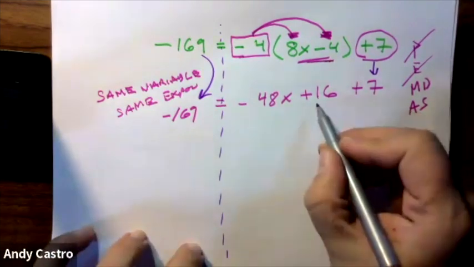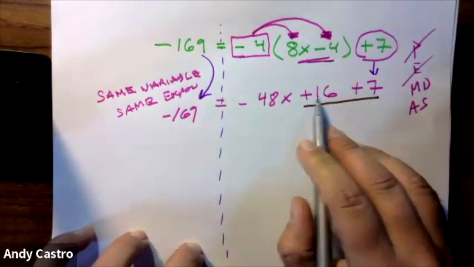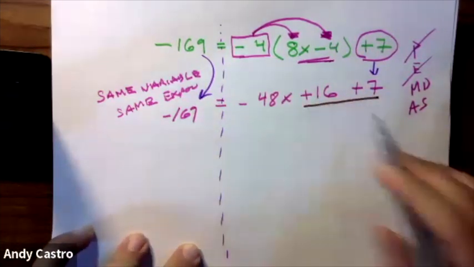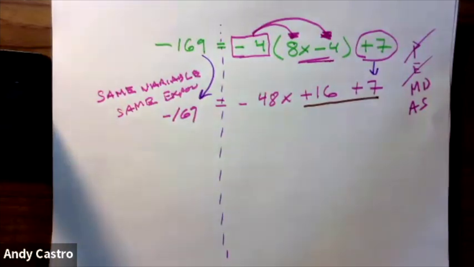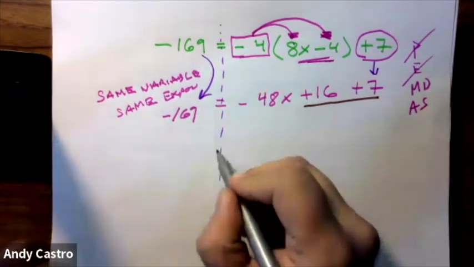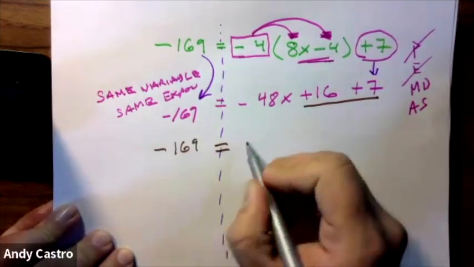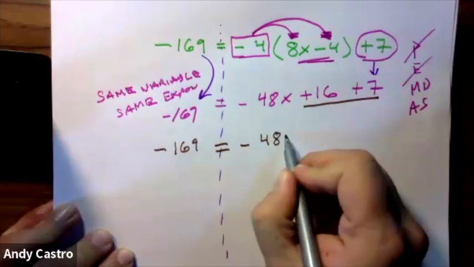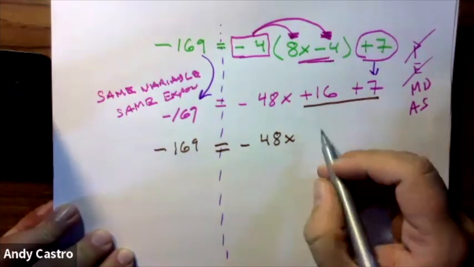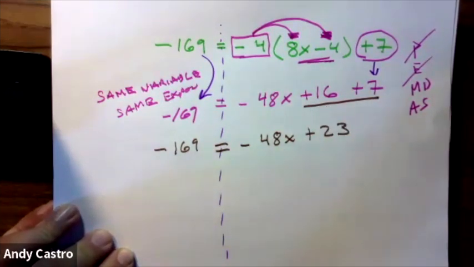All right. So I can combine the 16 and the 7 together. So without even subtracting anything to the other side, I've already got something that I can combine there. So all you have to do is add that 16 to the 7. So I put my equal sign there, my negative 169 here, negative 48x, and then 16 plus 7 is 23.